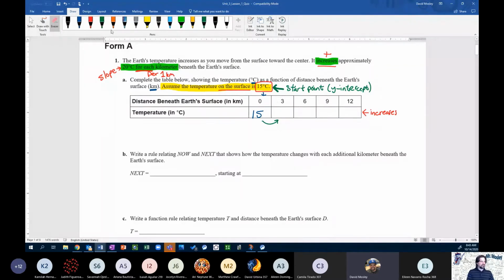To go from 0 to 3, we added 3. So that means we've done 3 rates of change of 20. So we add 60, which then puts us where Nicholas said, at a value of 75.